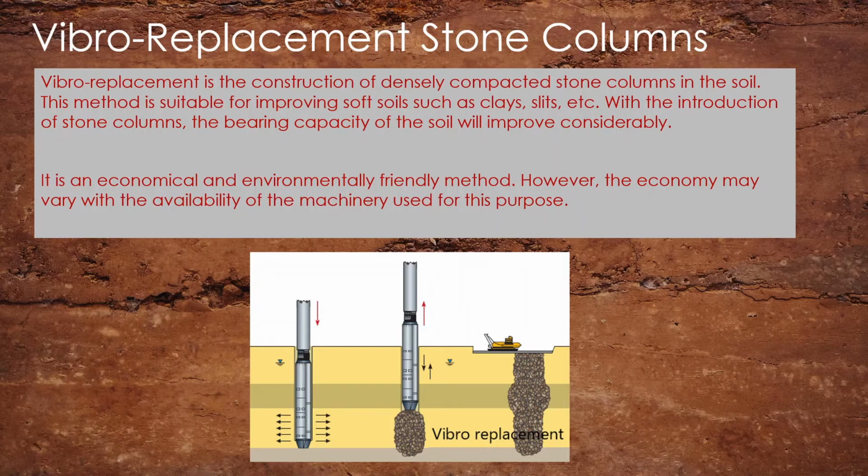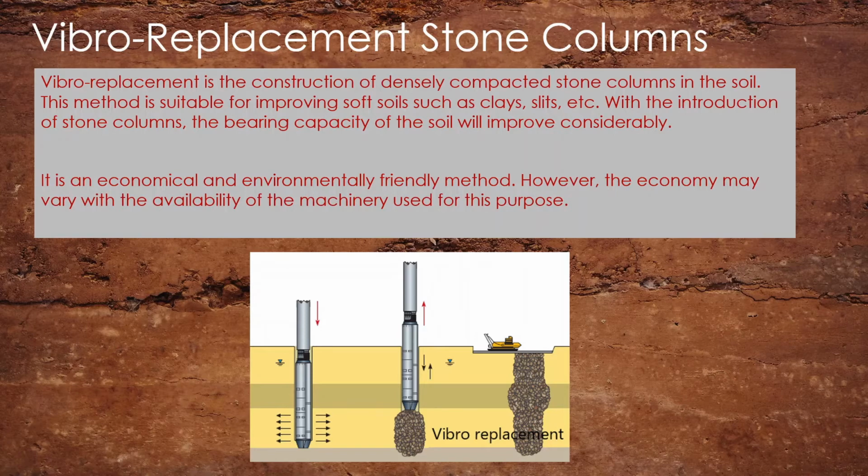It is an economical and environmentally friendly method. However, the economy may vary with the availability of the machinery to use for this purpose. Now, to construct stone columns, you should have machines for excavation and replacing with stones in the ground. So you have to have machines.